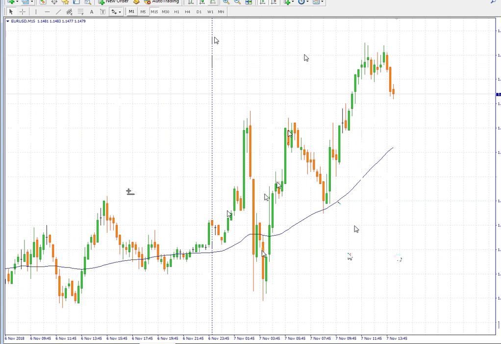So on Euro USD, based on what we know, not political news, but that level has been broken, we expect a move further, even higher, further upwards.